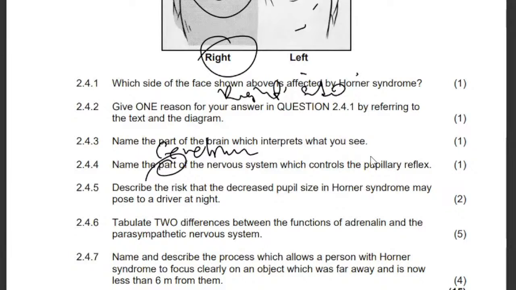So they're saying the part of the nervous system which controls the reflex. So this is the autonomic nervous system, the sympathetic and parasympathetic, which allows the control of the amount of light entering the eye, in most cases during dim and bright light. So basically, here it is the autonomic nervous system. You have to write it in full.